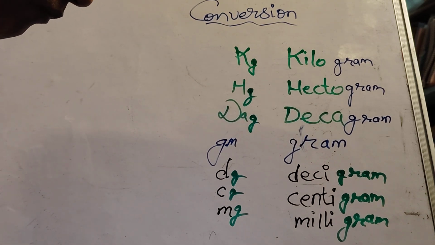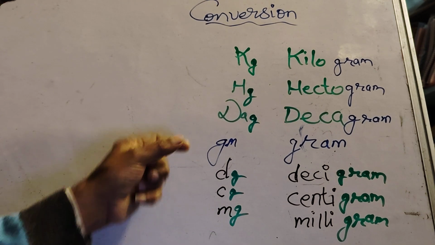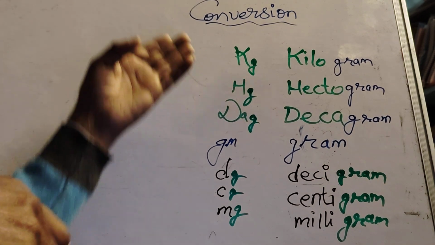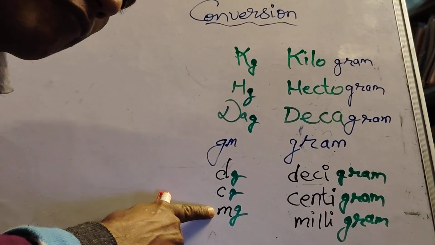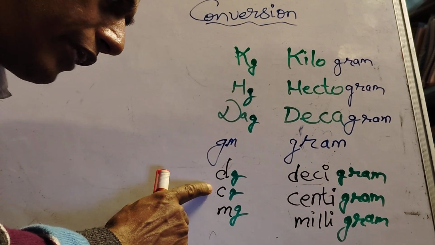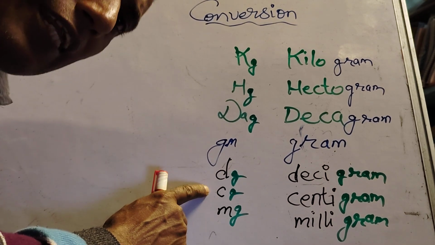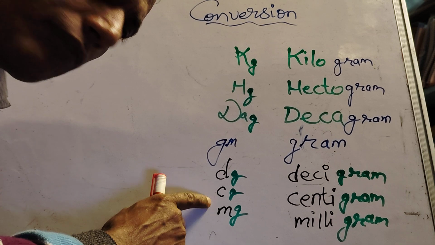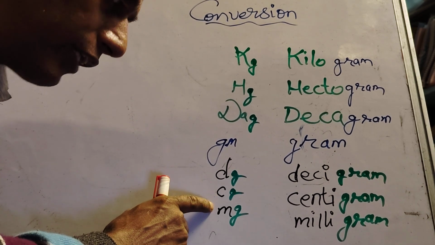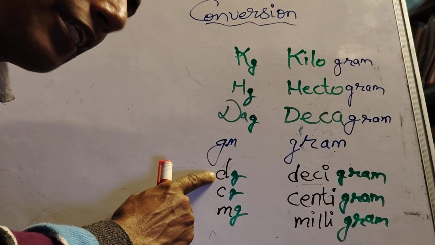Decigram and centigram seem nearly similar. No, they have a difference. There is milligram, and there is centigram. So how many milligrams are there in a centigram? 10. Yes, 10.